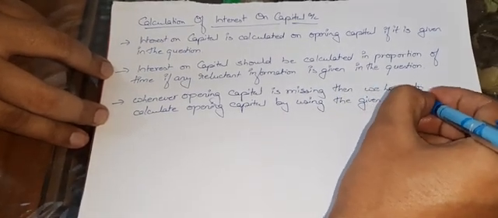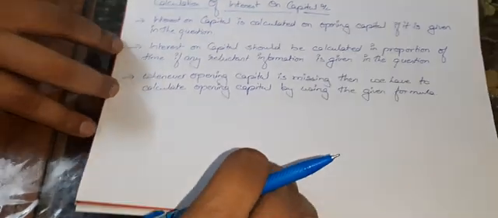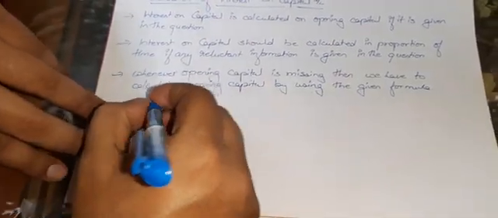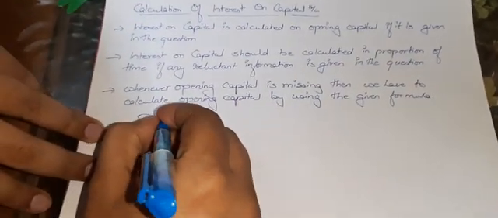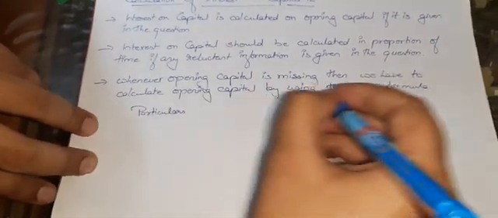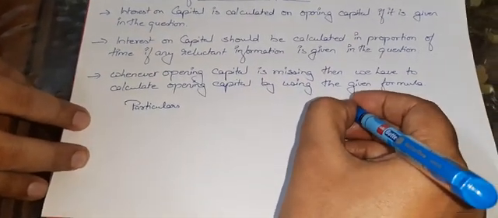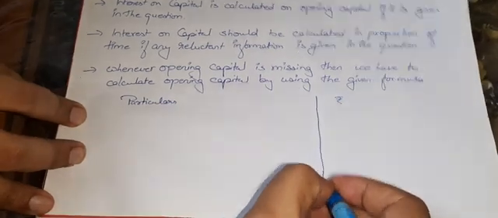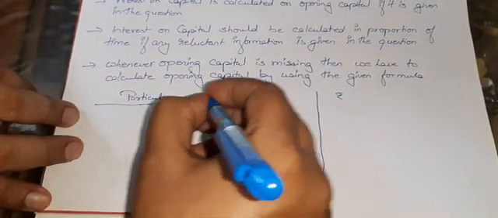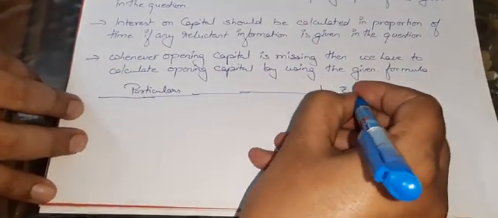Now this formula is generally based on the fluctuating capital account if we are making it on the basis of fluctuating. So how are you going to prepare? So particulars, rupees. How to calculate the opening capital on the basis of fluctuating?